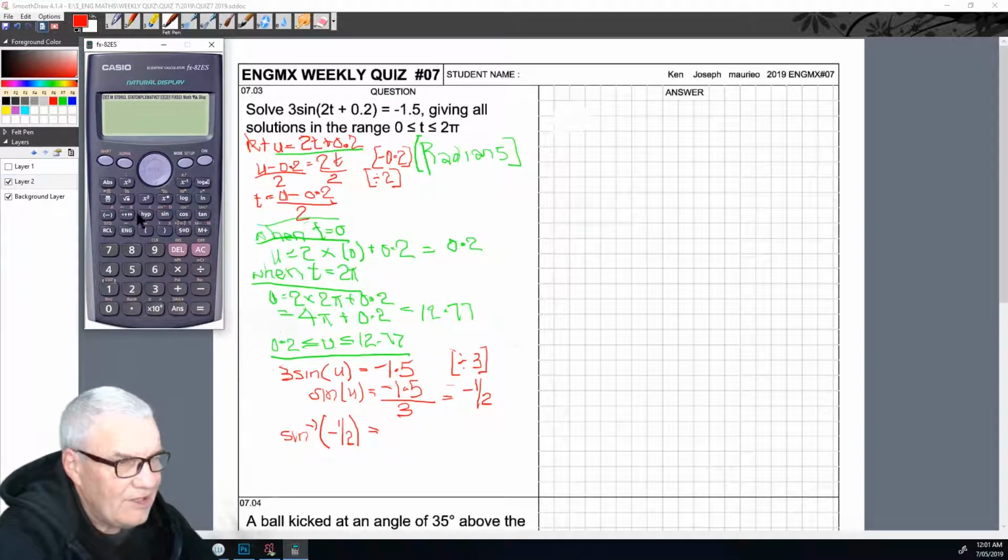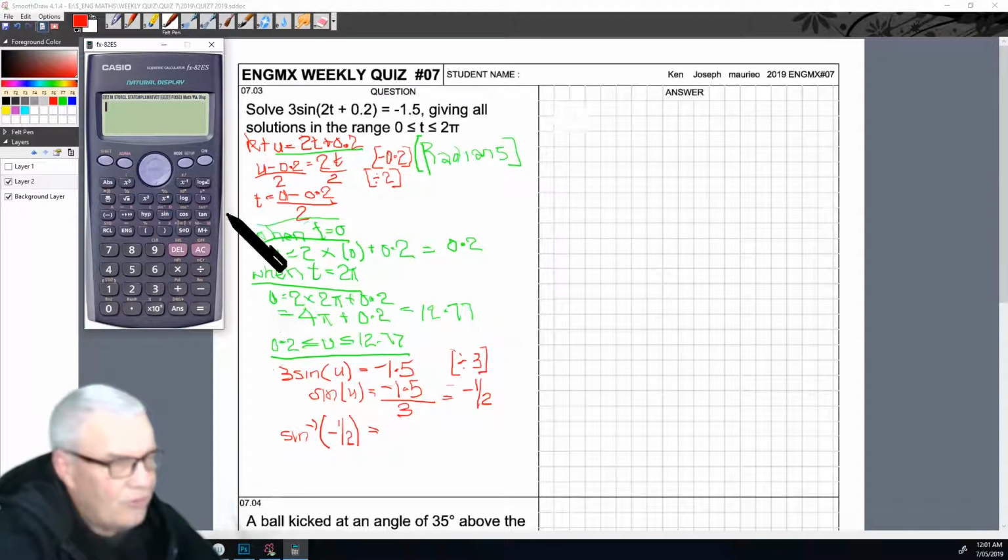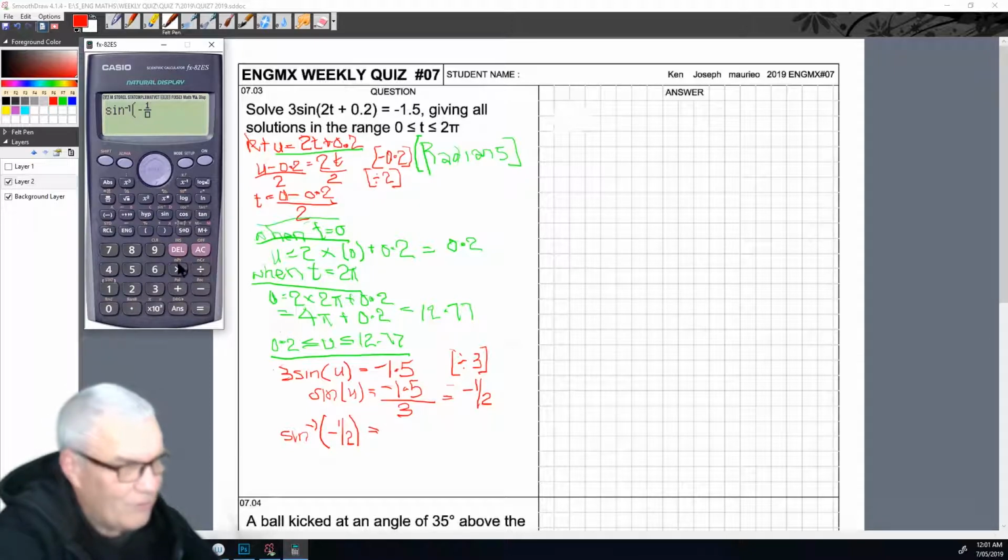Okay, so now let's go shift sine to the negative 1, negative 1/2. We could put 0.5, but I decided I wanted to do it this way.